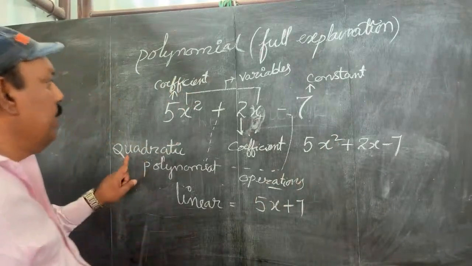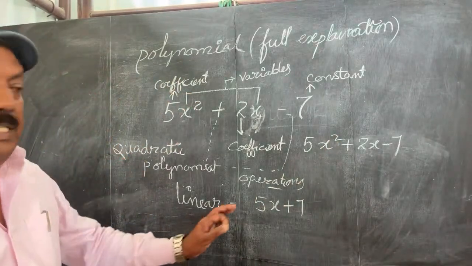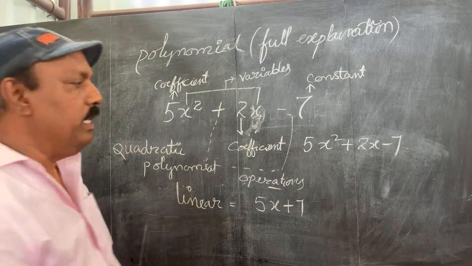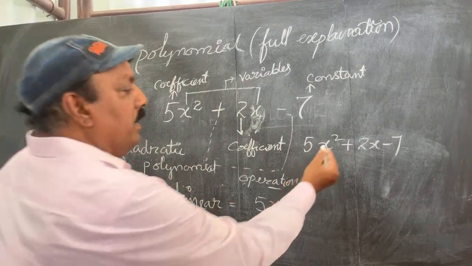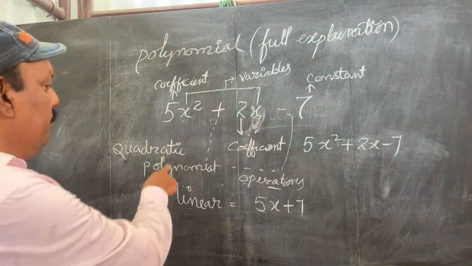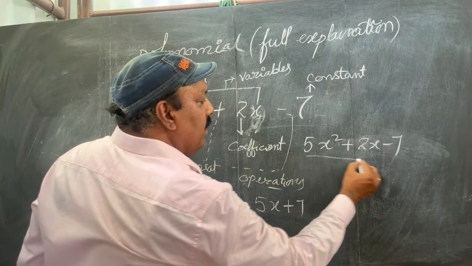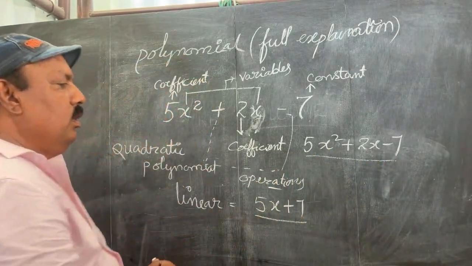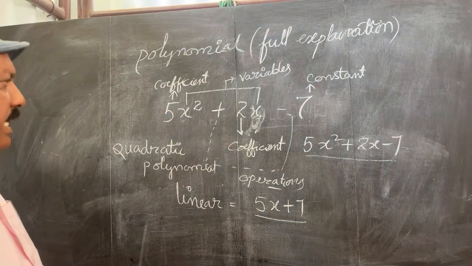Then only we can say it is a polynomial. If the power is 3, that is a cubic polynomial. Any equation having degree 3 is called a cubic polynomial. So this is the quadratic polynomial and this is the linear polynomial. I think you got that clarity.